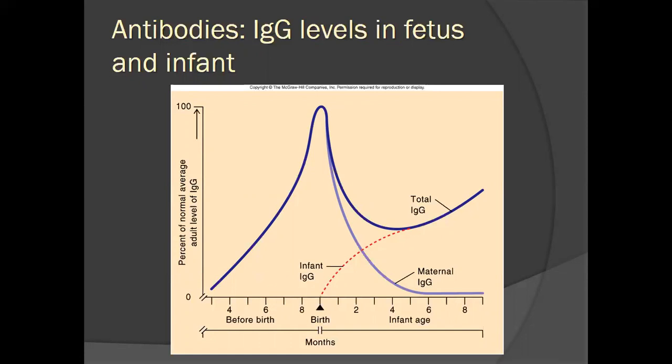But it's nice because IgG has a long half-life, so even after that baby's born, the IgG that mom gave said baby gives the baby time to start making its own IgG. And so there's a little bit of a trade-off or a point where those cross over, and maternal IgG starts to disappear from the system, but by that time, the baby's immune system is able to start to handle the load itself. Okay.